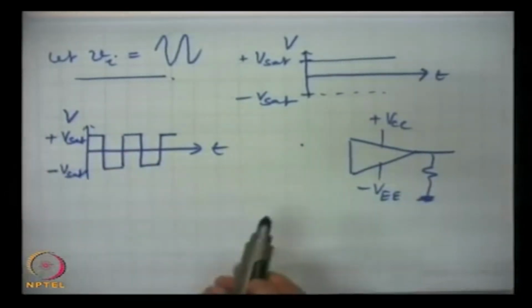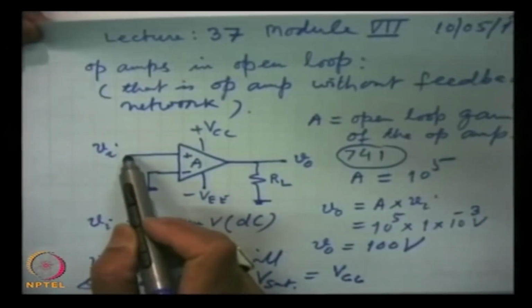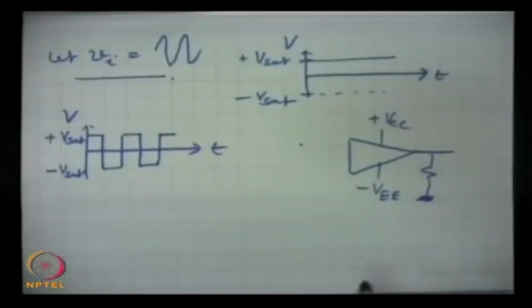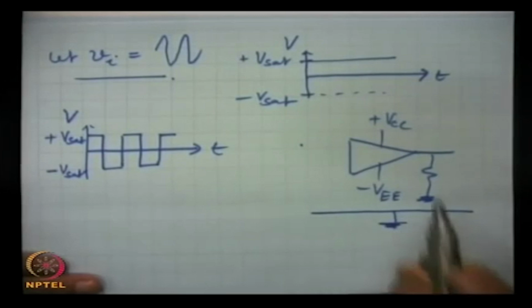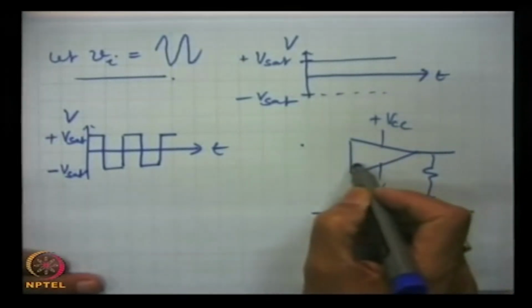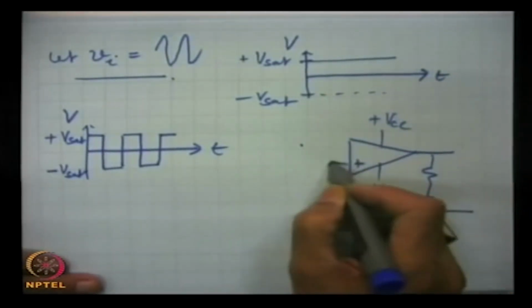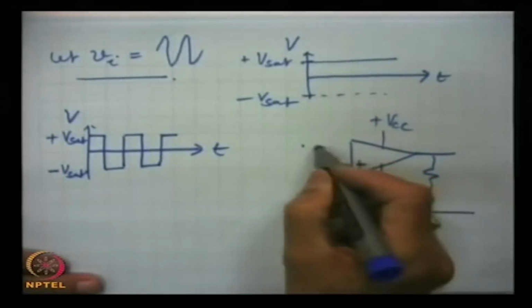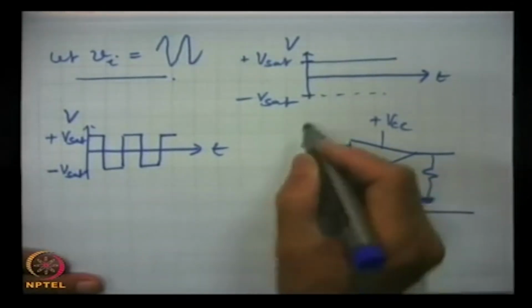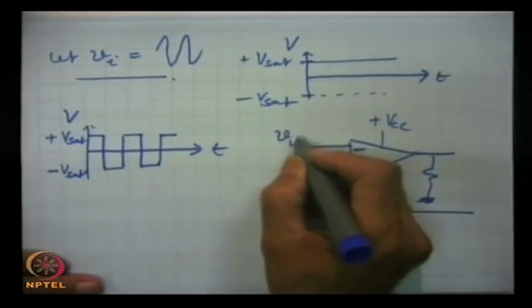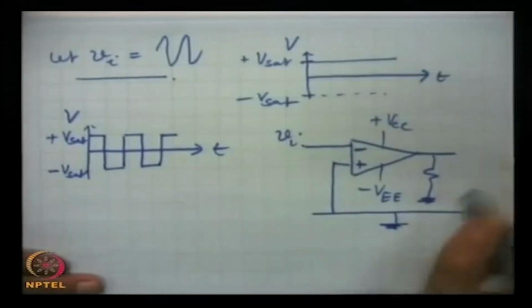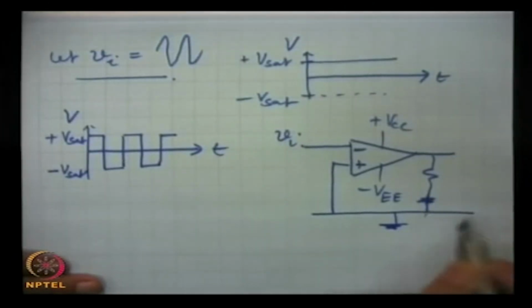All voltages are always with respect to ground. When we say Vi, this is like this actually. Here this is the ground level and this is grounded, and here we apply a voltage. This is the inverting input and Vi, and this is the output, which is again with respect to ground.